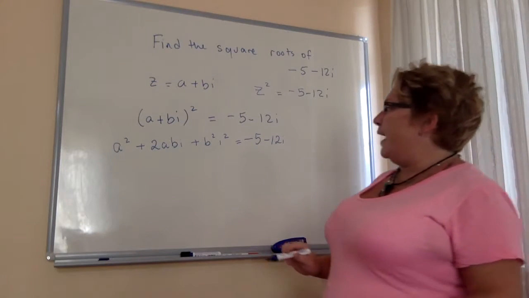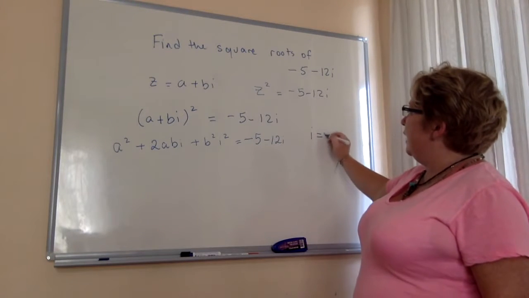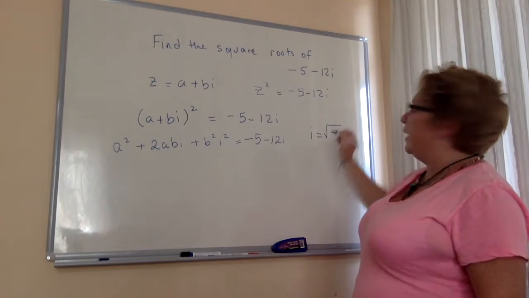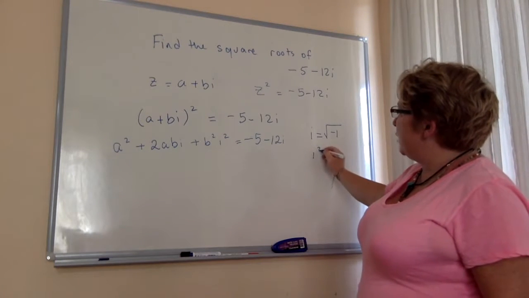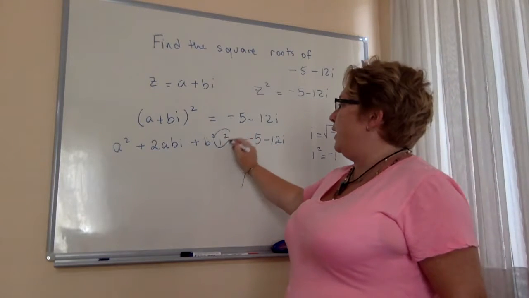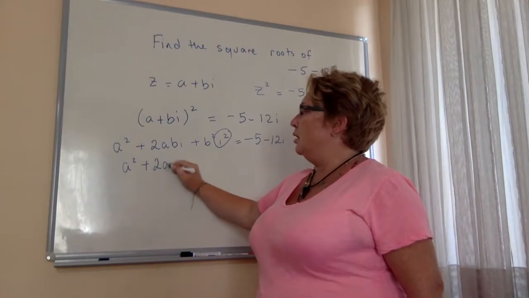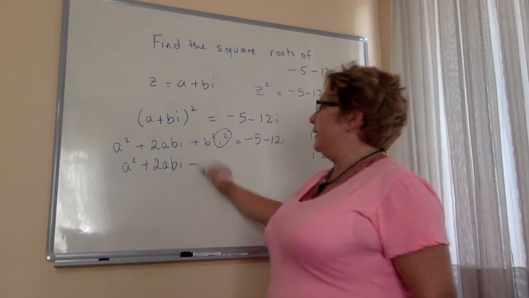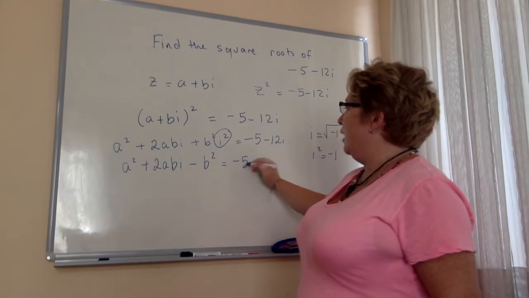Okay? Now, because i is defined as the square root of minus 1, i squared actually equals negative 1. So instead of i squared, I can substitute negative 1, so I'll just have minus b squared here.